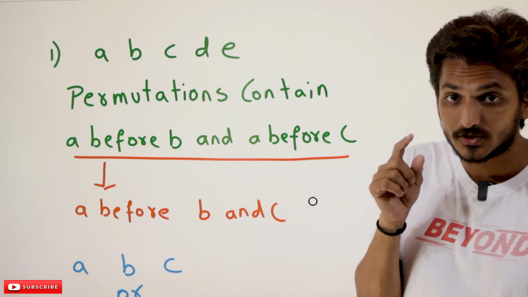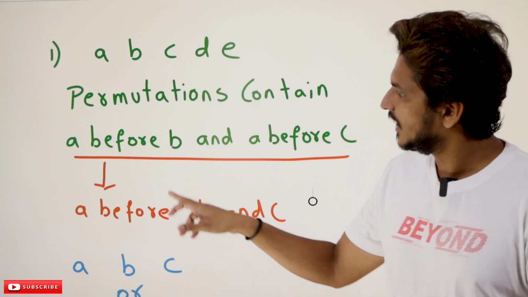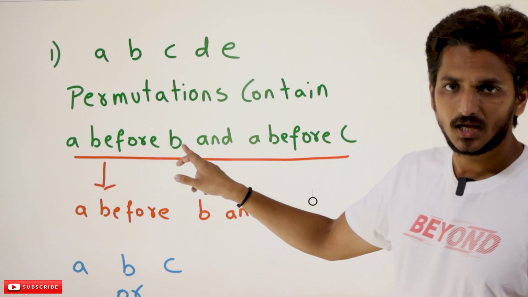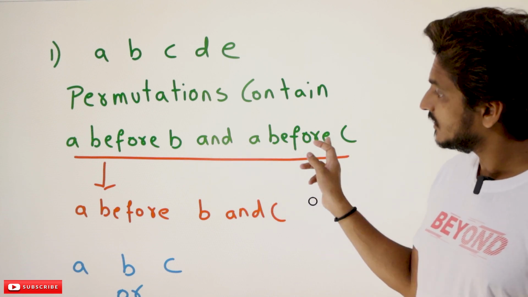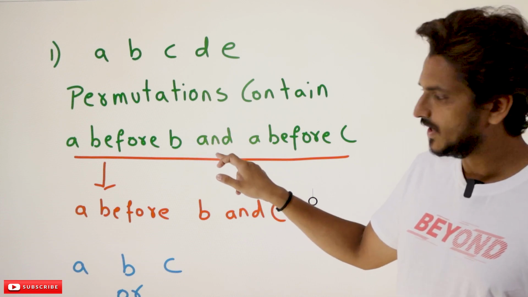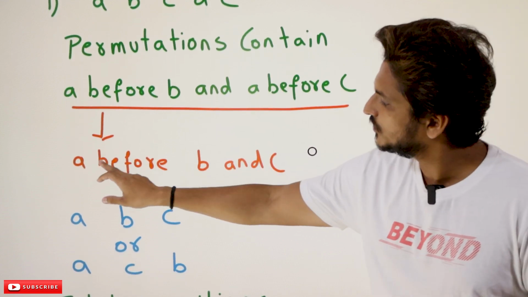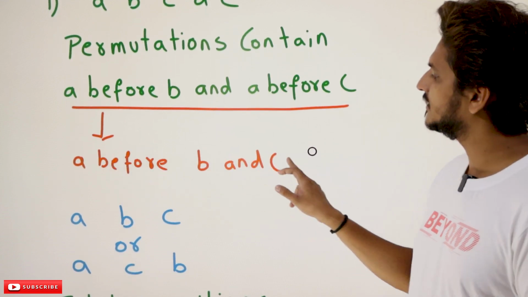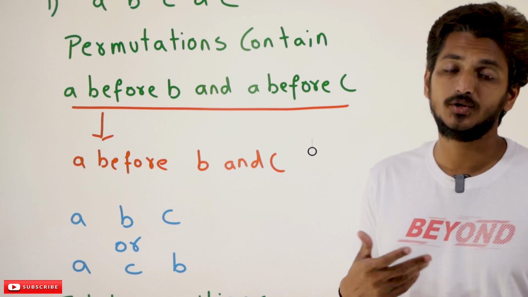Those types of permutations only we need to count, not all the permutations. A should be before B and A should be before C. Here 2 conditions were given. This entire condition is converted to A should be before B and C. So these types of permutations we need to identify.